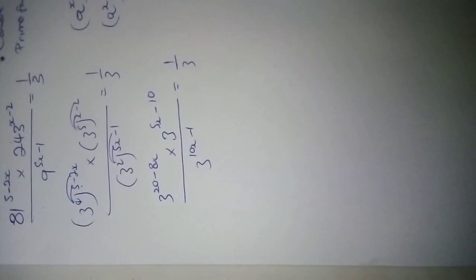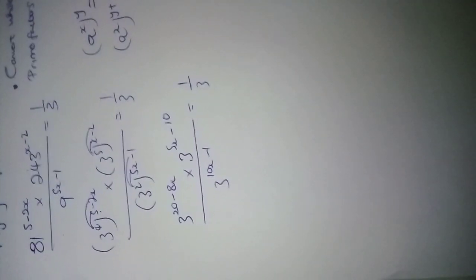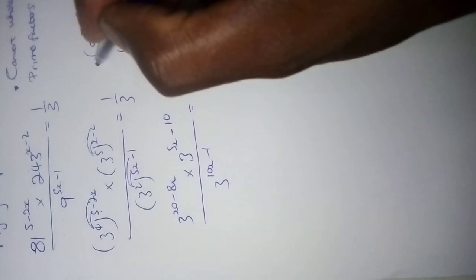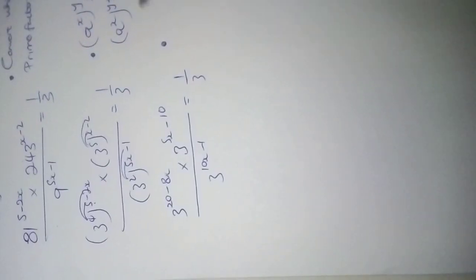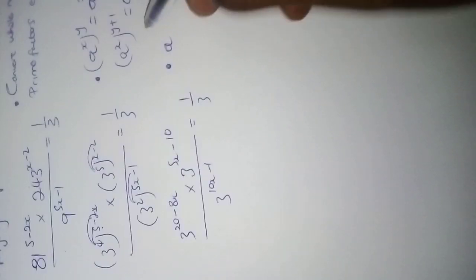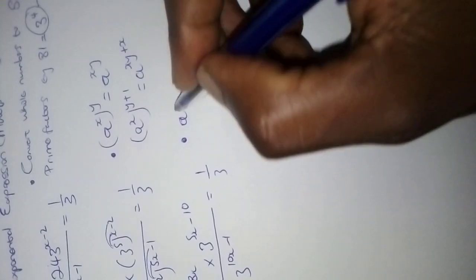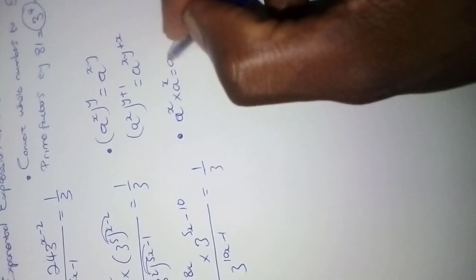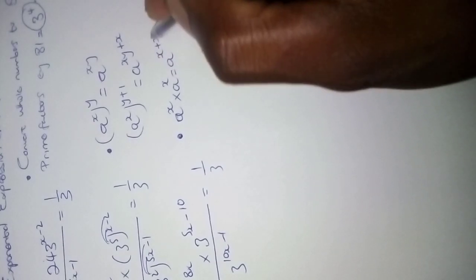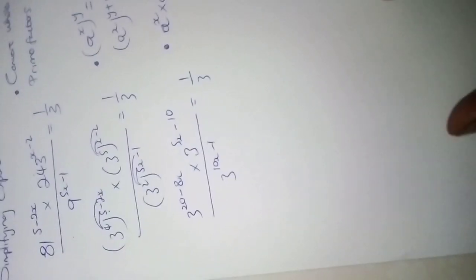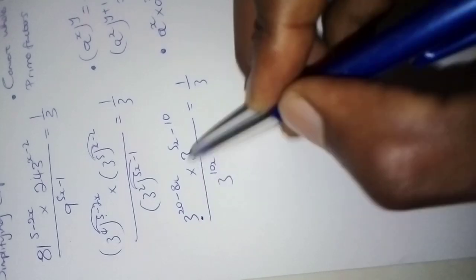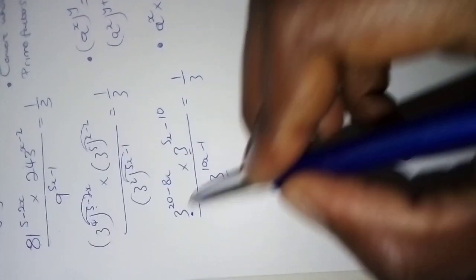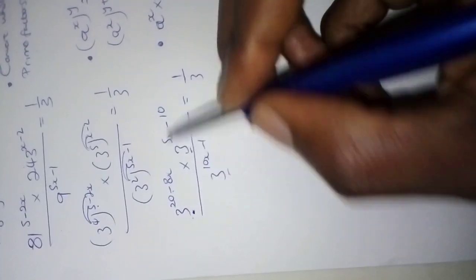Right, now from this step we can apply another exponential law that says that if we are multiplying bases that are the same, we add the exponents. So now this means that 3 and 3 have the same base, so we can add the exponents.